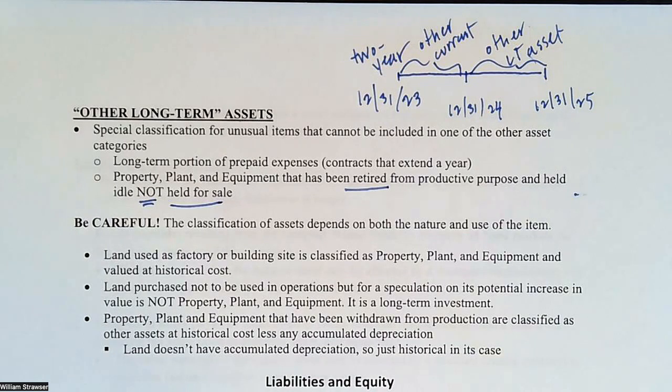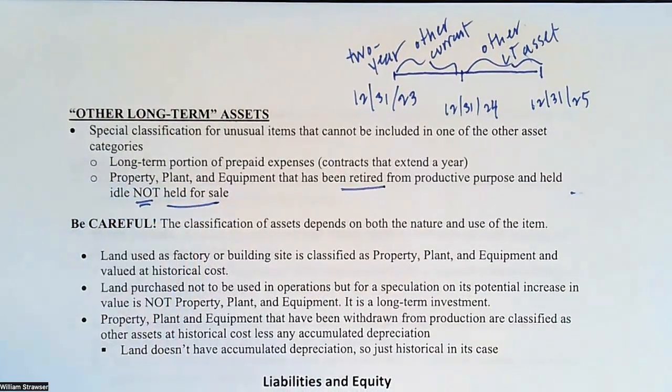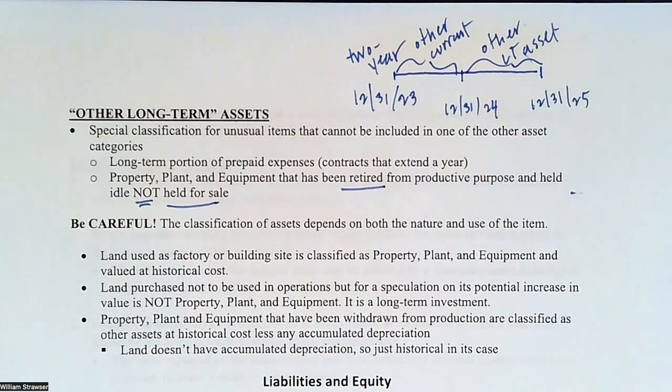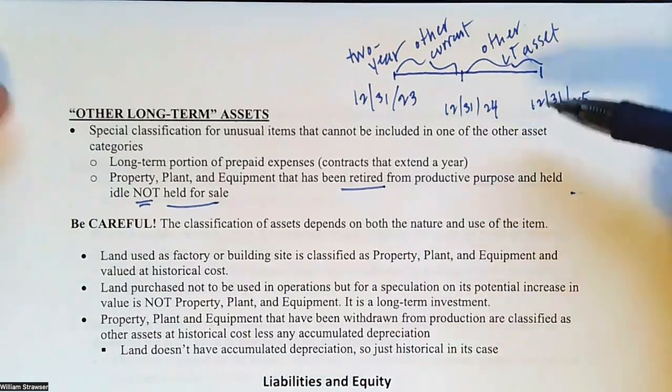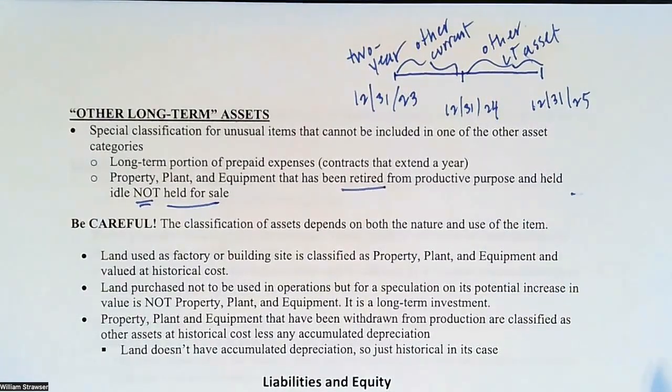We have to kick it out of PP&E if we're not using it, only when it's held for sale, because remember that held for sale designation only works when we have the intent and ability to sell it within a year. When it's being held for sale and classified as such, it becomes an other current asset. So two things that are related to items that are in other current assets, but don't meet those definitions, so they come down here to other long-term assets.